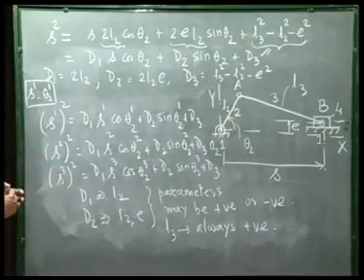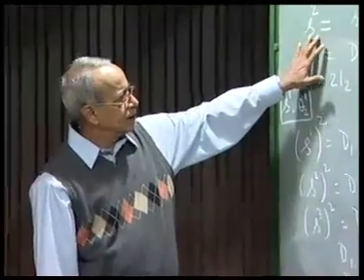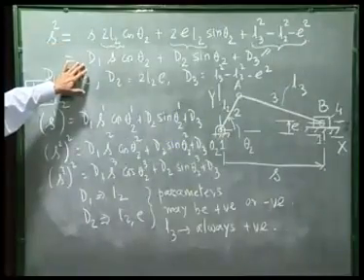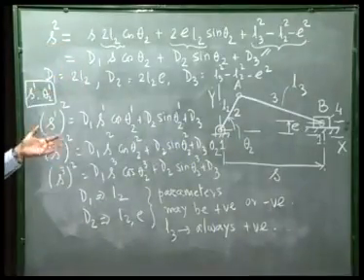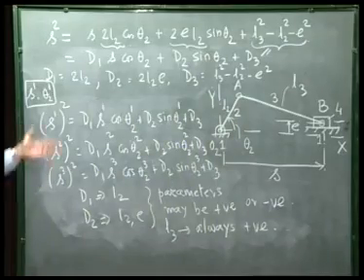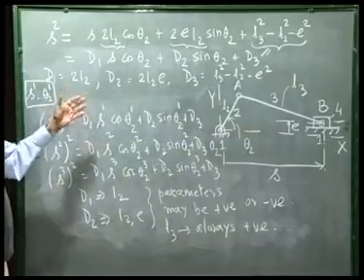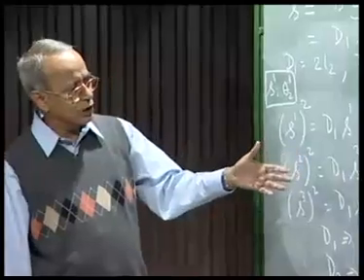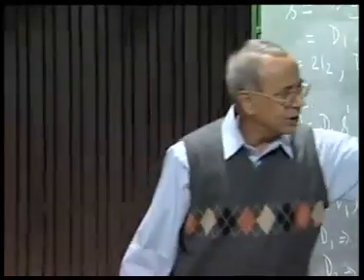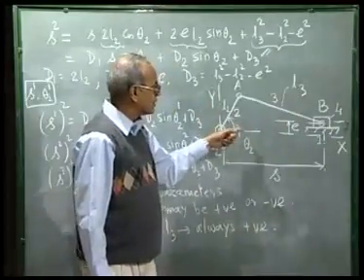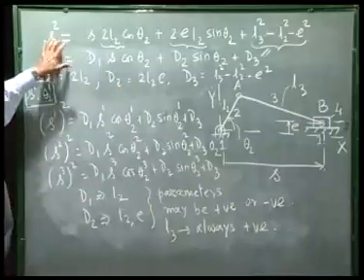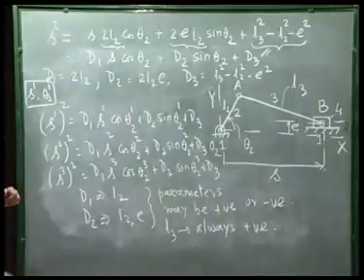Just as in case of 4 bar, we can use this so-called displacement equation to generate instantaneous kinematic relationship by taking derivative. That means if we have to coordinate at a particular position the linear velocity of the slider and the angular velocity of the crank, that can be done by differentiating this equation.